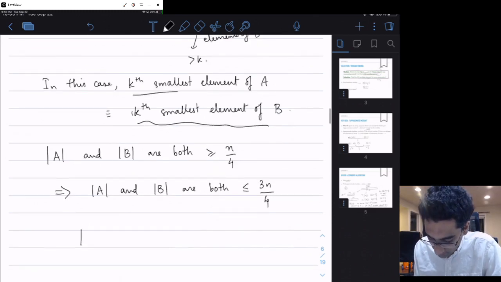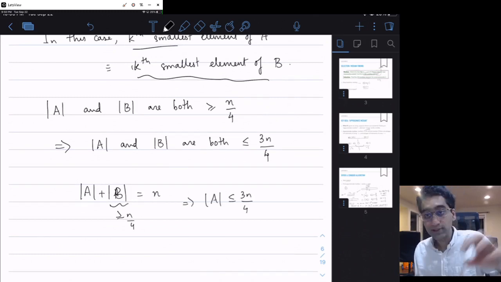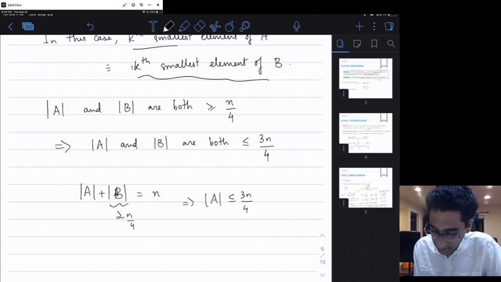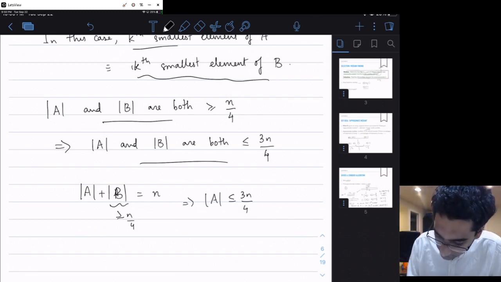Because we know that b plus c is exactly equal to n, and we know that b is at least n by 4, and that gives that c is less than or equal to 3n by 4. Likewise, we know that c is bigger than or equal to n by 4. Therefore, b is at most 3n by 4. So that's why this implies this. Sorry, these should be b and c.